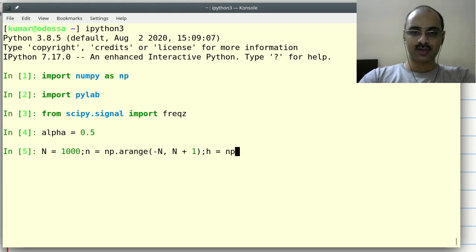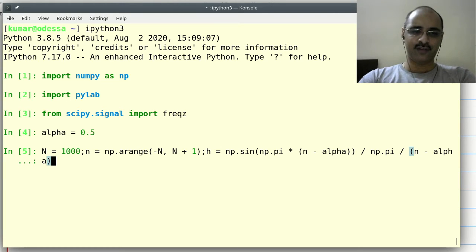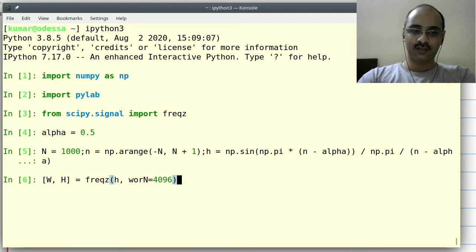Now I'm just going to do np.sin of np.pi into n minus alpha, by np.pi into n minus alpha. There will be no divide by 0 over here, for alpha is not an integer, so there's no problem. Let's actually look at the frequency response of h.